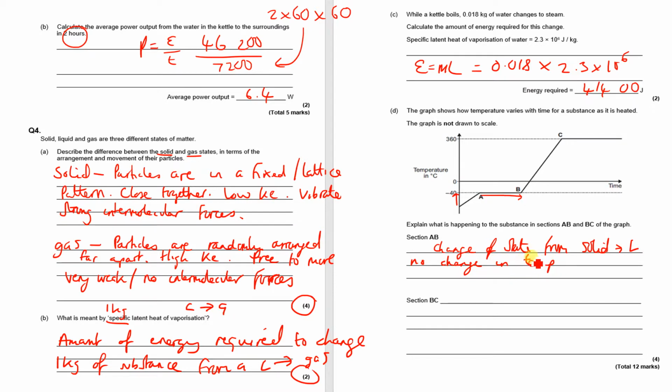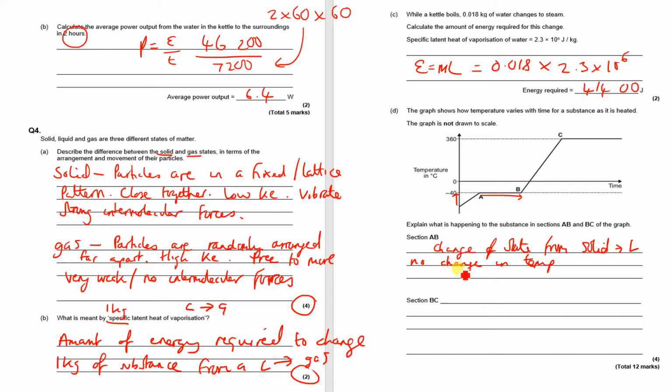So when you're talking about latent heat and you're talking about a state change, there is going to be no change in temperature while all the internal energy of the particles starts to increase. So when all of them have got the internal energy to break their intermolecular bonds in a solid, they will then turn into a liquid. So whilst that's happening, the change in temperature doesn't happen. There is no increase in temperature because they are gaining their internal energy.